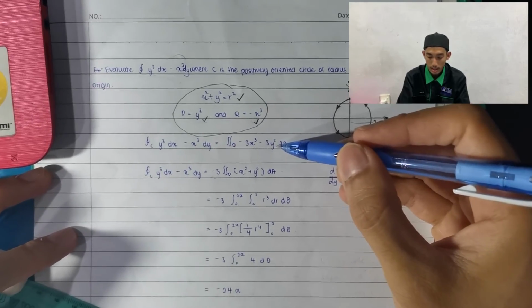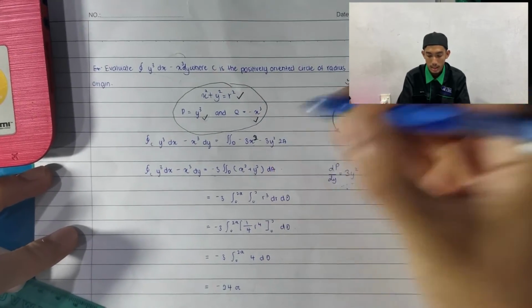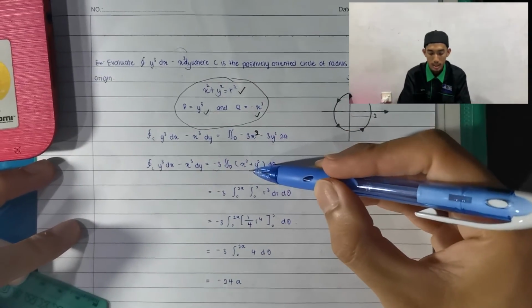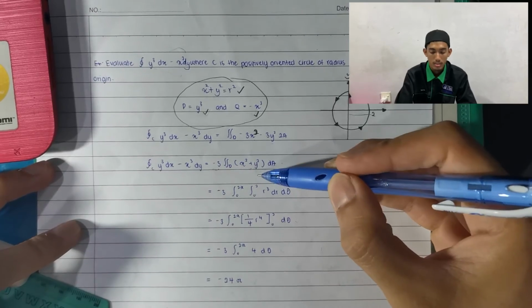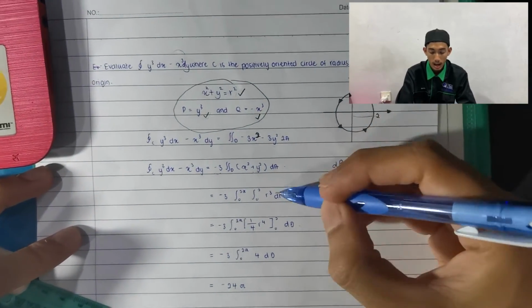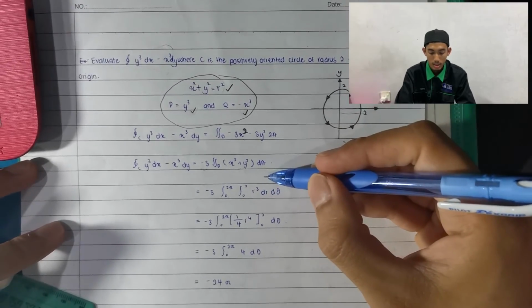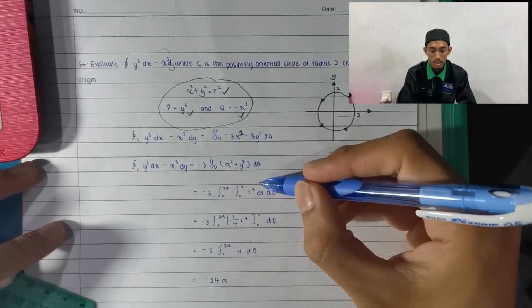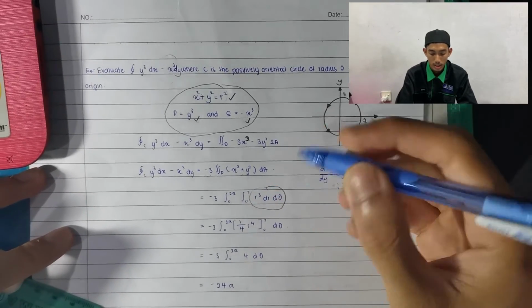Then I factor out negative 3, so it becomes x squared plus y squared, which becomes r squared for polar coordinates. Then I substitute r dr d theta, which is also for polar coordinates.